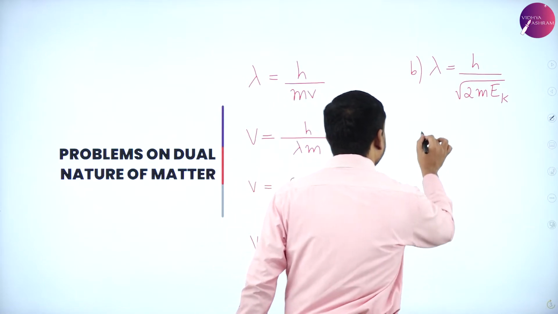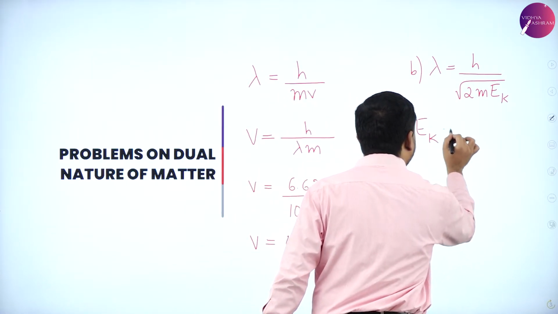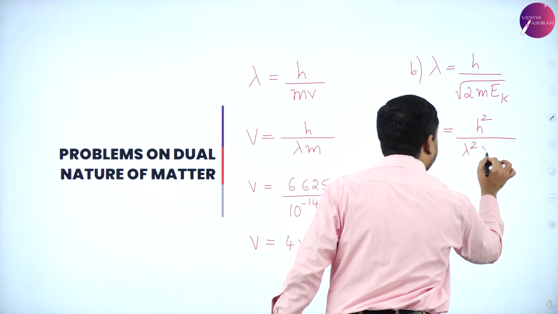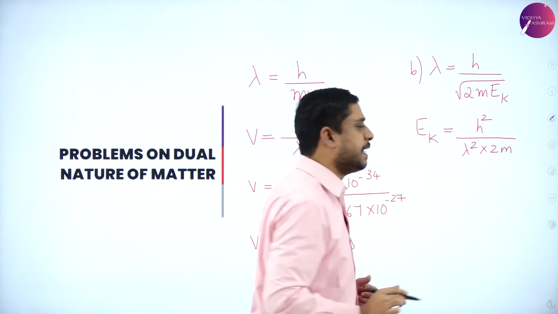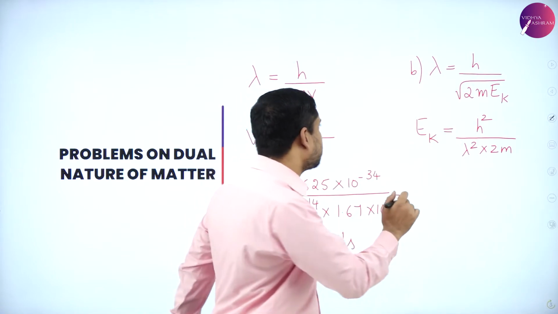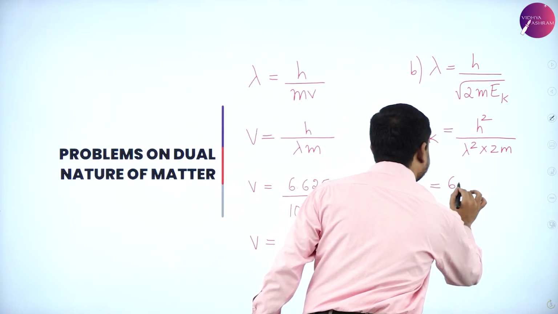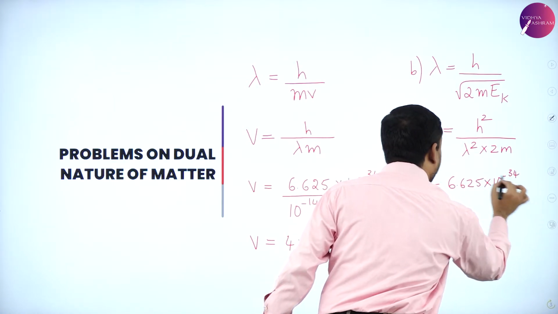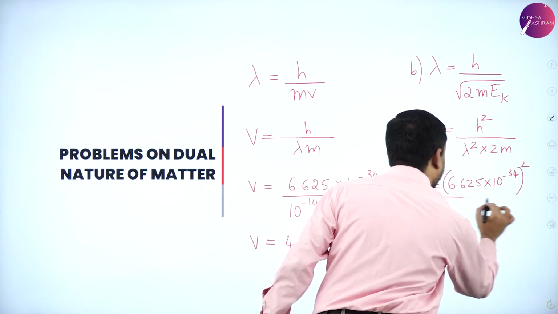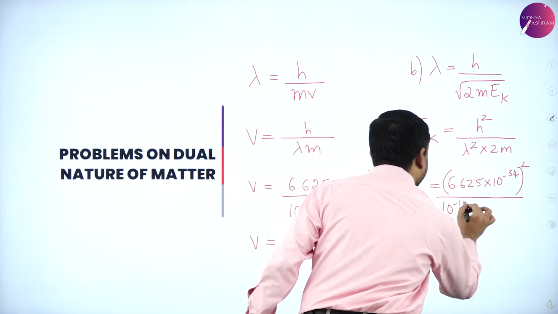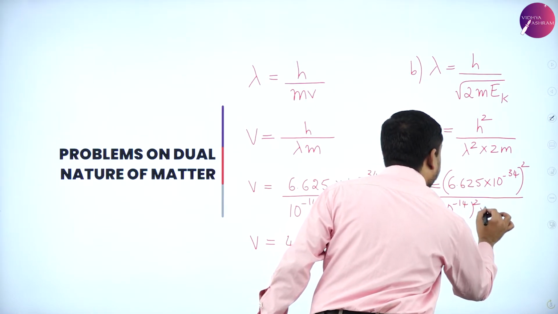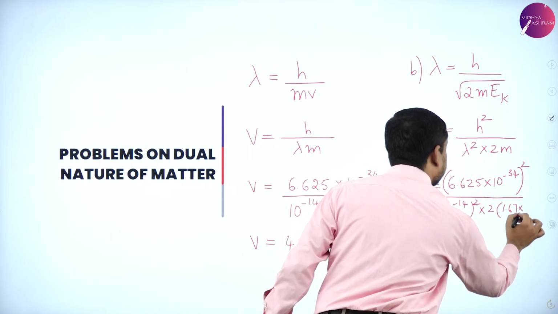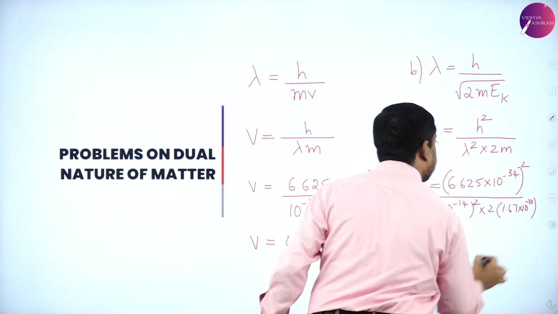So, from this, energy turns out to be, taking squares, h square divided by lambda square into 2 times m, or on substitution, this is 6.625 into 10 power minus 34 whole square, 10 power minus 14 whole square into 2 into 1.67 into 10 power minus 27.